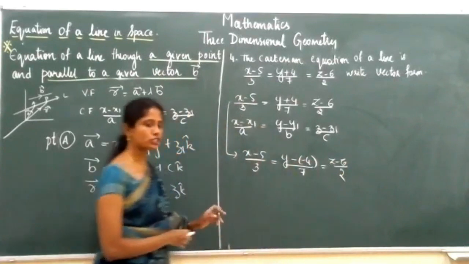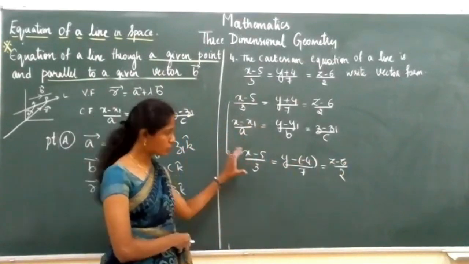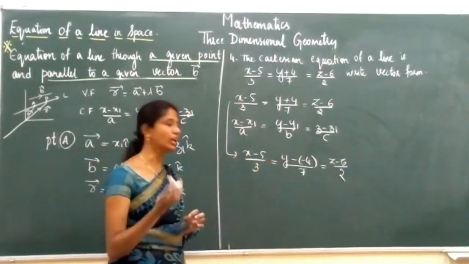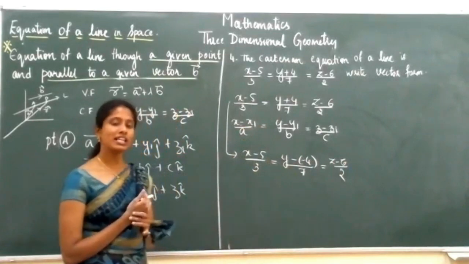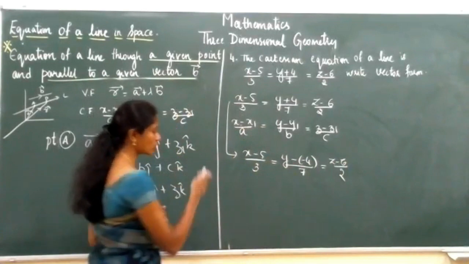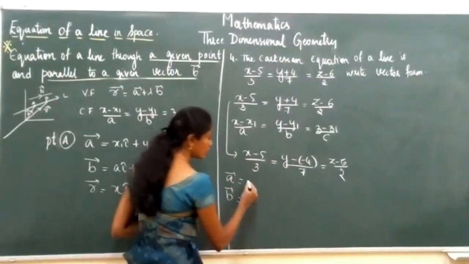Now it has reduced to the general form. See, x minus x1, in this form only it is there. So we can now know what is x1, y1, z1 and also what is a, b, c. Once I know x1, y1, z1 and a, b, c, I can easily write what is vector A and vector B. What is the general form of vector A?